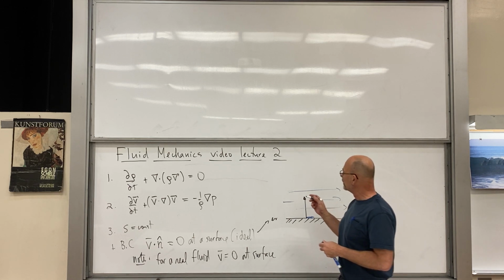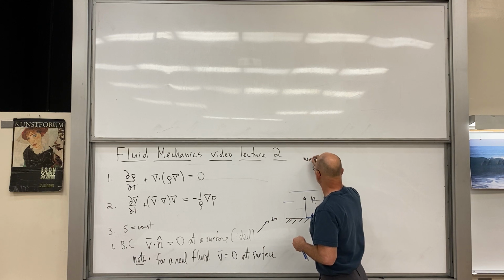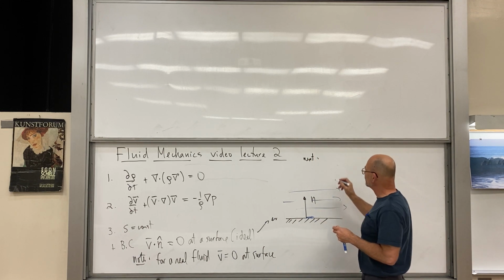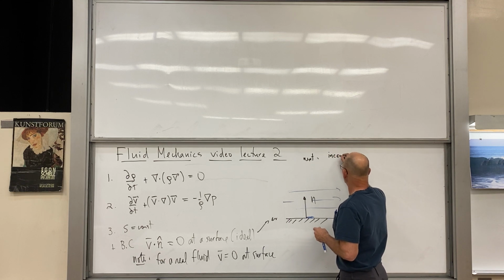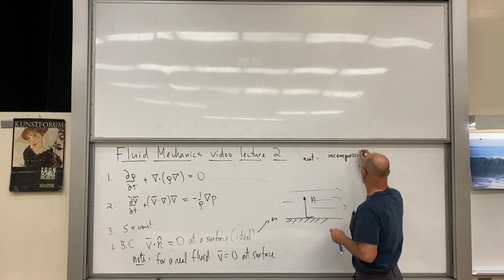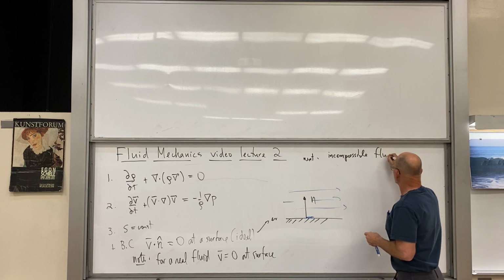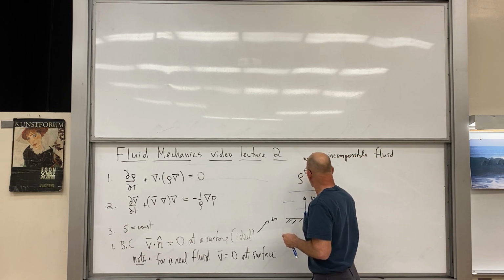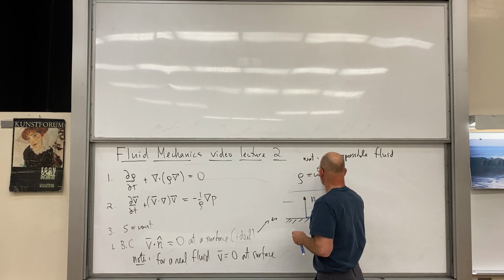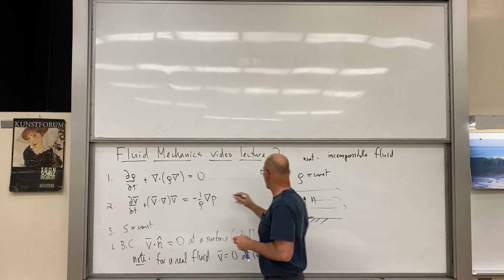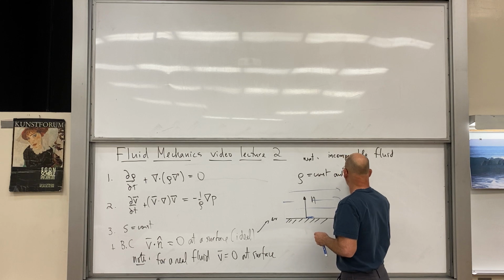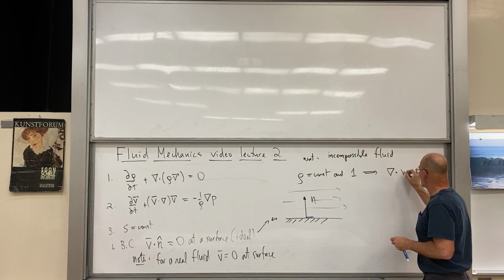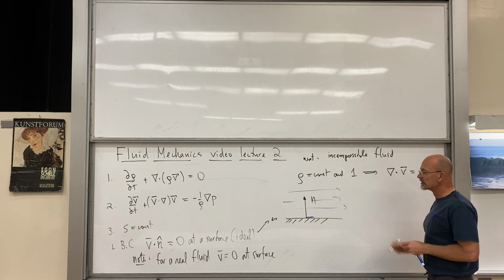Okay, what we're going to do next is take an incompressible fluid. So with the incompressible fluid, rho is equal to constant, and our first equation, equation 1, turns into divergence of v equals 0.